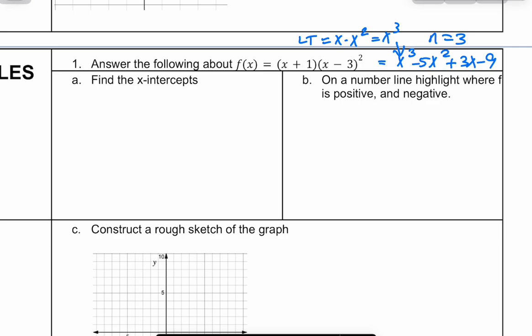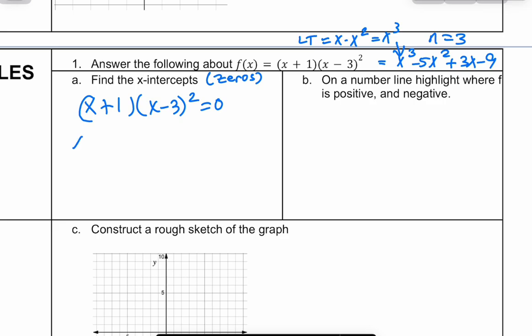Now, finding the x-intercepts or the zeros, remember, is just setting the function equal to 0. What's really great about this particular one is they have done so much of the work for us. They've made our life really easy because they have put it in factored form. Factored form is our favorite when it comes to finding the zeros or the x-intercepts.